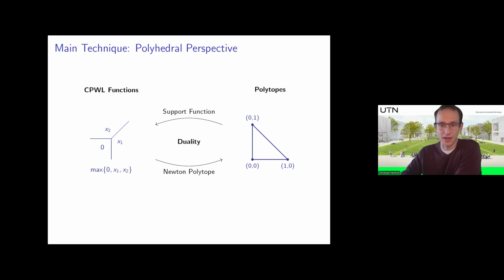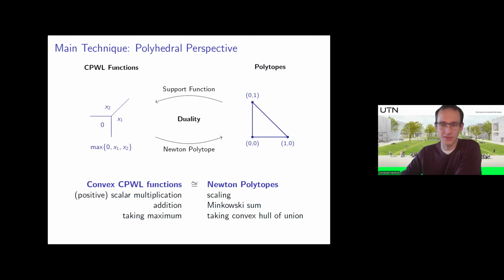I say isomorphism because it's compatible with a bunch of nice operations. What are these operations? If you scale up the function by a positive scalar, you scale up the coefficients, so you just scale up the polytope by the same scalar. If you add two functions, this requires a bit more thought, but it's still not too difficult to see that this corresponds to the Minkowski sum of the corresponding polytopes.